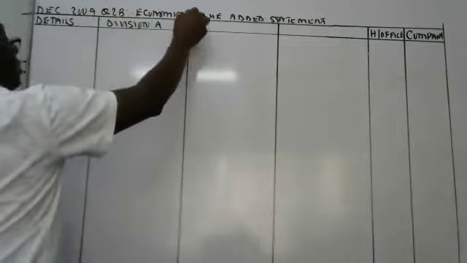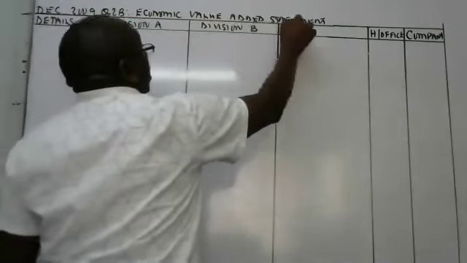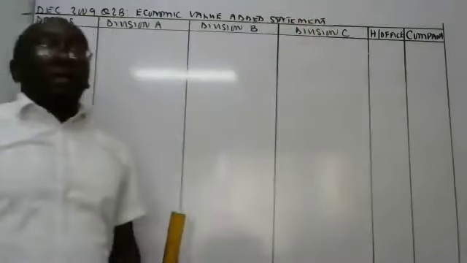That is division A, we have division B, and we have division C.